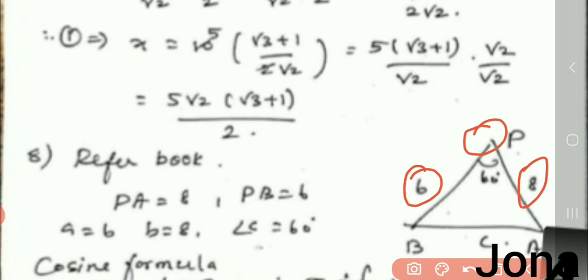If the angle between the two lines is 60 degrees, find the width of the pond. So that is the problem here. Here in this book it's given PA equals 8 and PB equals 6. That is nothing but a is 6 and b is 8. Angle C is 60 degrees.